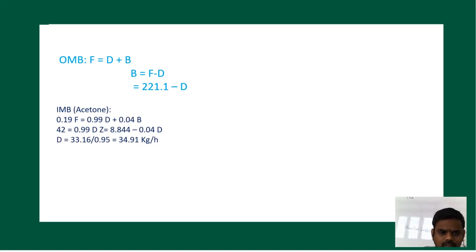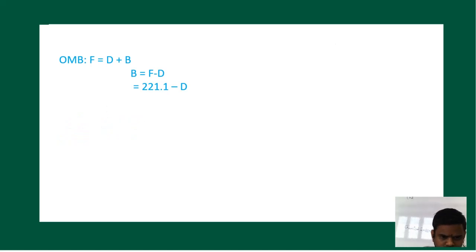So I repeat. First, what you have written is the overall material balance, F equal to D plus B. Rearranging, B equal to F minus D. The F value is 221.1. So we got B equal to 221.1 minus D. And if you write the individual material balance for acetone, we have 0.19 into F equal to 0.99 D plus 0.04 into B. Refer to the diagram and write this. Okay, and the value is 42 equals 0.99 D plus 0.04 times (221.1 minus D), and we get the value of D here.